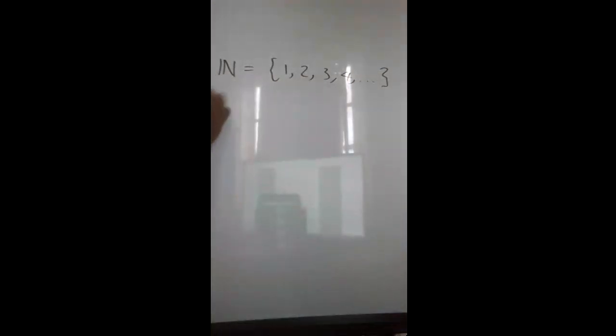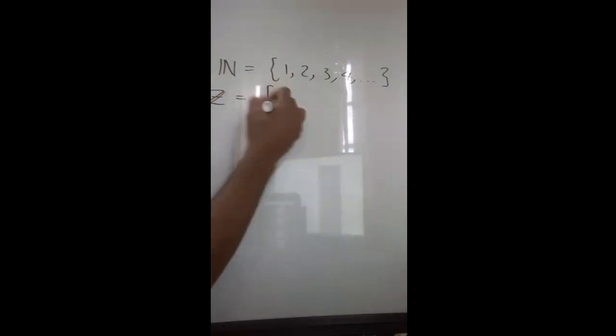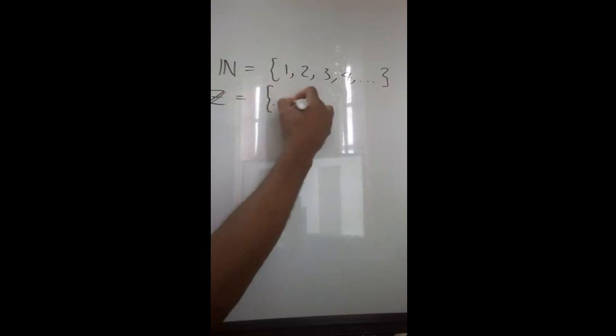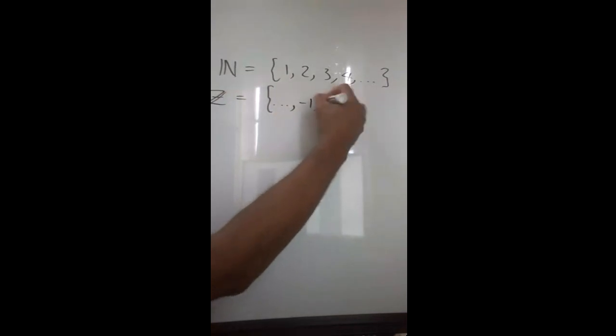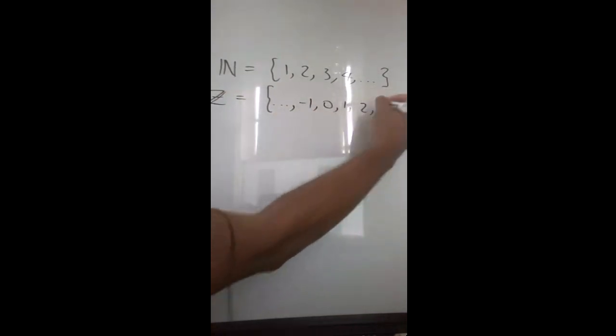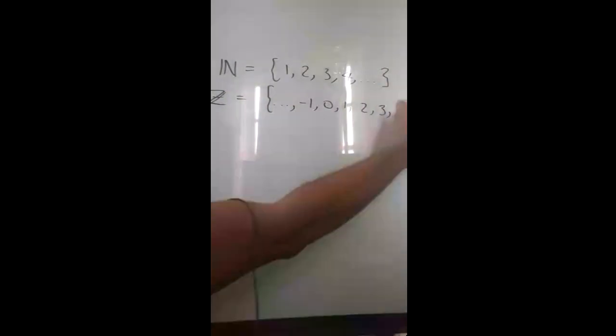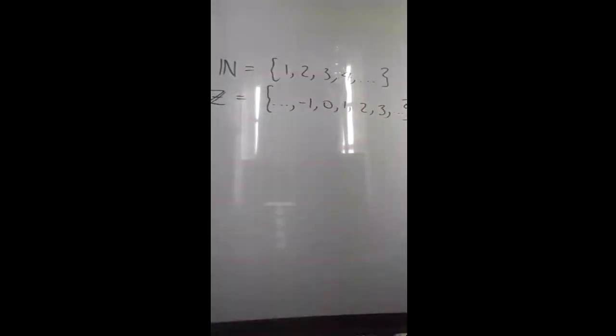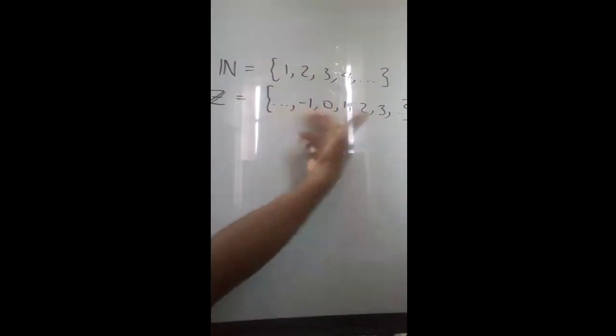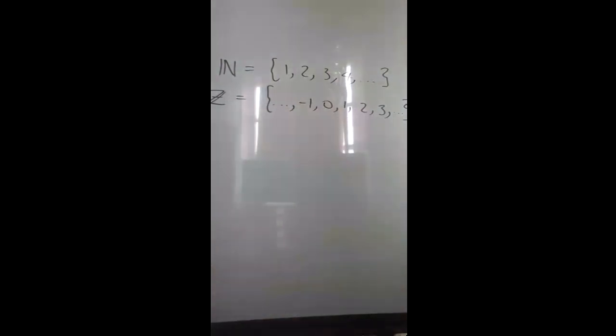Then we have the integers, which would be -1, 0, 1, 2, 3, and onward. Negative numbers going this way and positive numbers going that way, but they're only whole numbers.